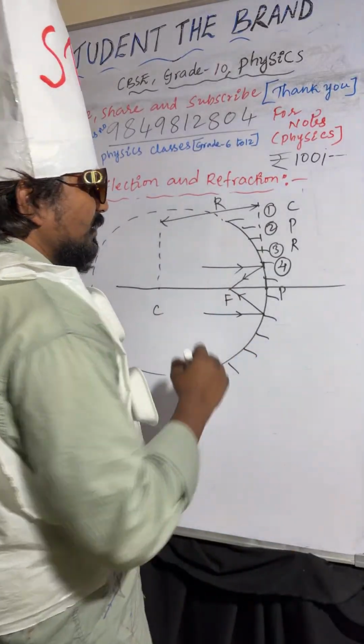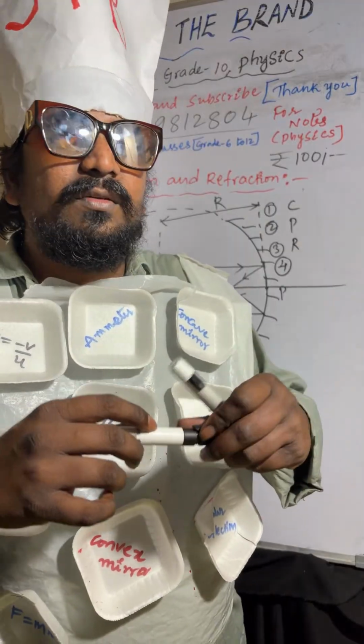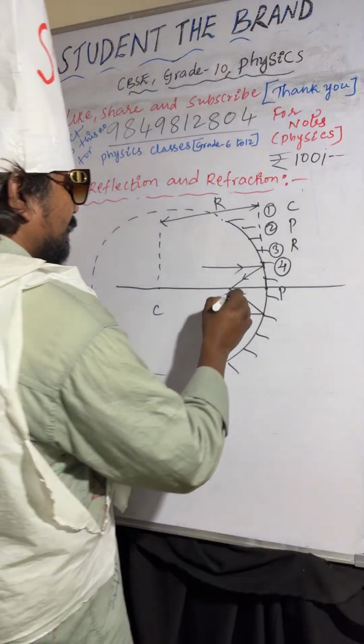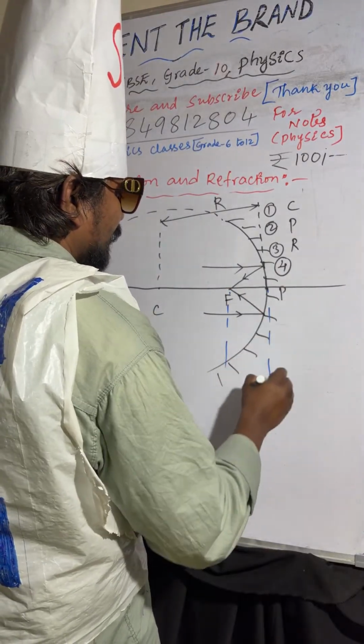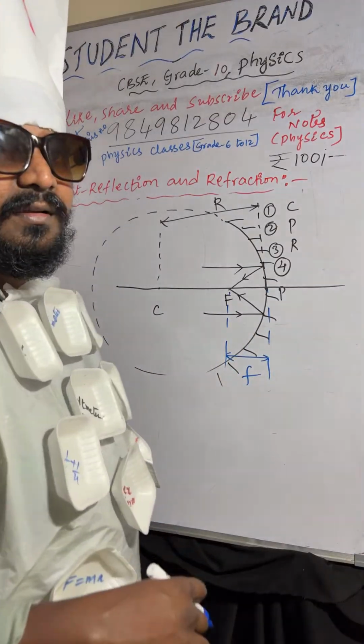So these are the incident rays, and after reflection those rays meet at one point, so this is the focus. The distance between focus and pole is called focal length, f.